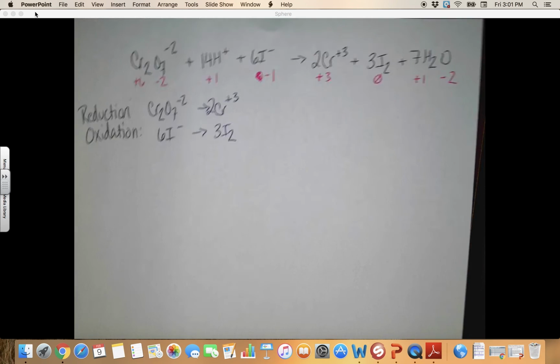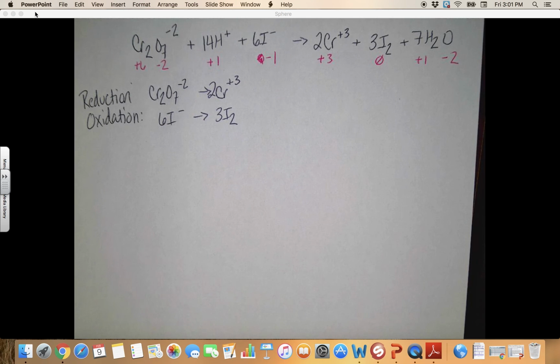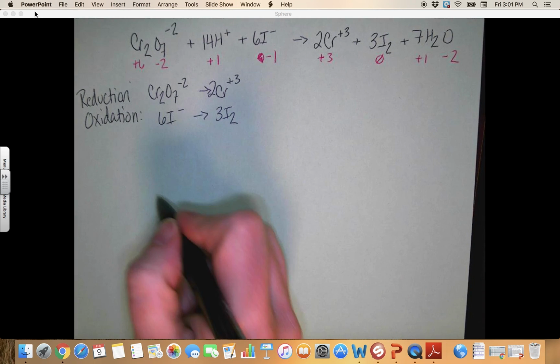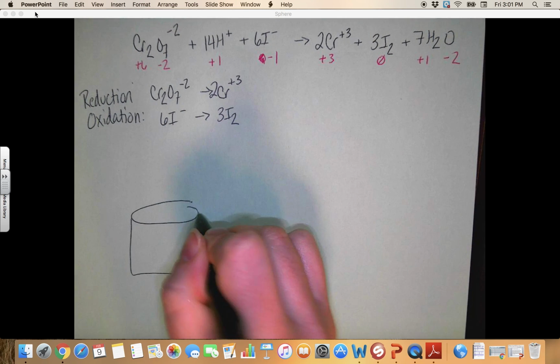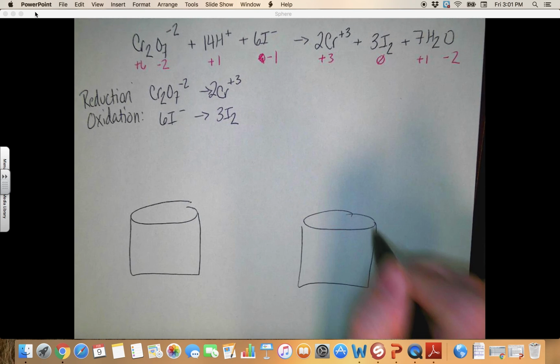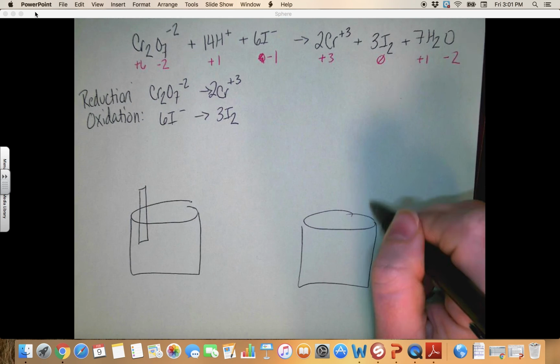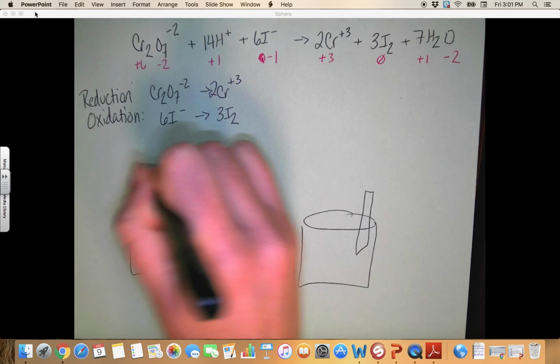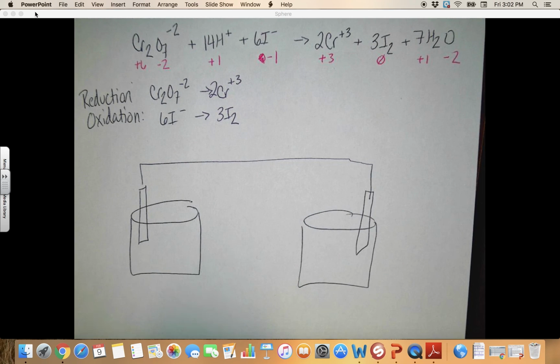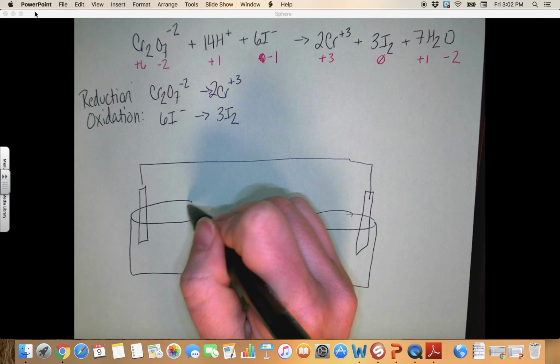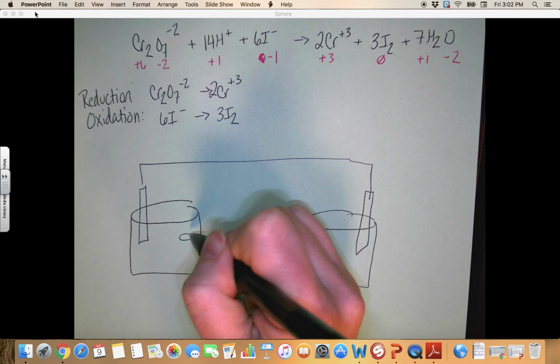Now that we have what's being reduced and what's being oxidized, we can draw and label our picture. So we're going to have our two beakers and our platinum electrodes connected by the external circuit and our salt bridge. Let's see if I can do a better job with our salt bridge this time.